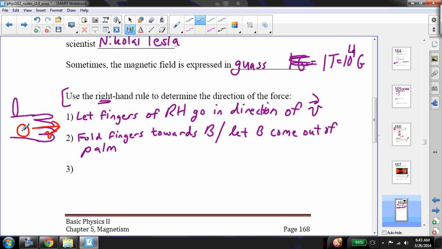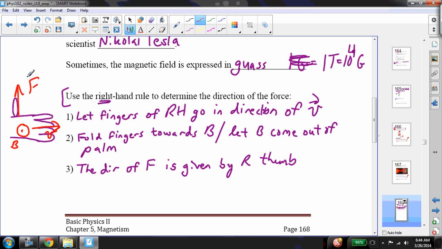We'll get to this in just a second, but my magnetic field here is coming out of my palm. All right, so I have my V to the right, and my magnetic field is coming out of my palm. And so now, the direction of the force is given by the thumb. So my force now is in this direction.